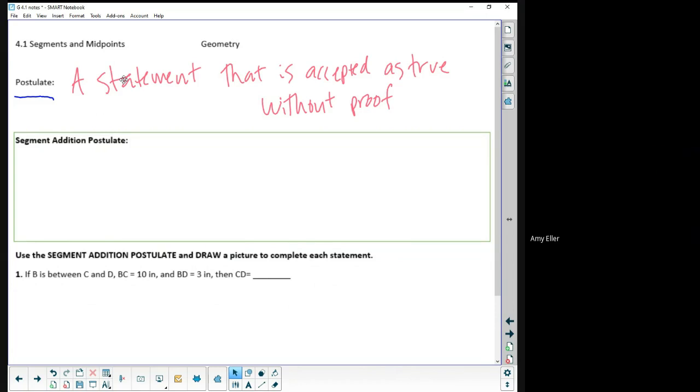So it's a much more basic idea because there doesn't need to be a proof for it, but it is accepted as true and nobody had to prove it first. That's what postulate means. You'll see the word postulate in this box here.